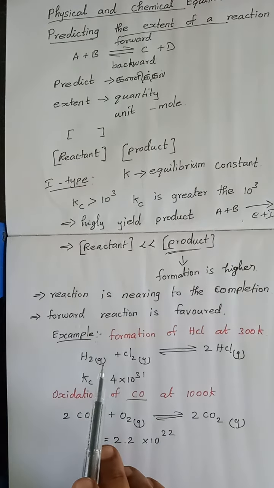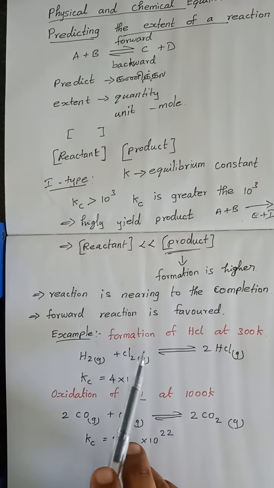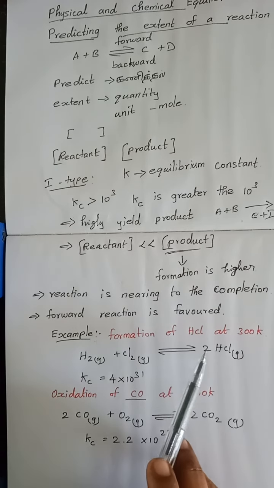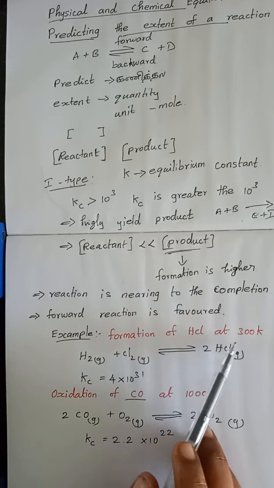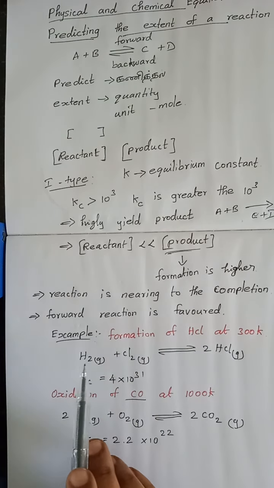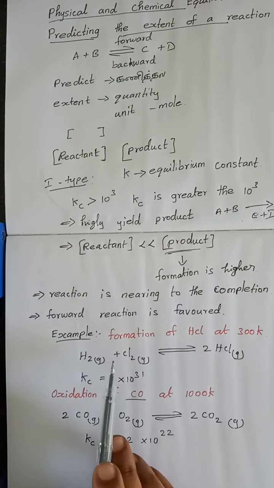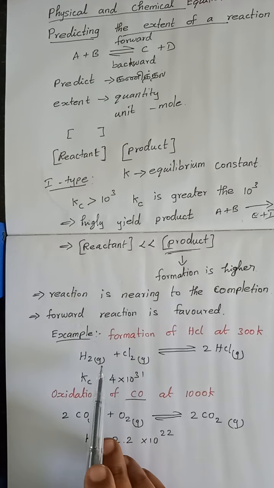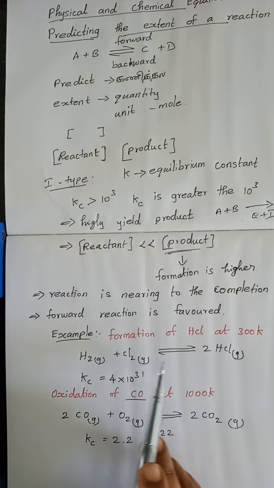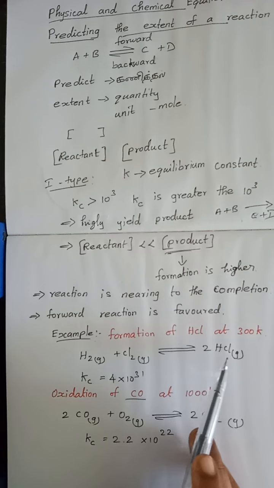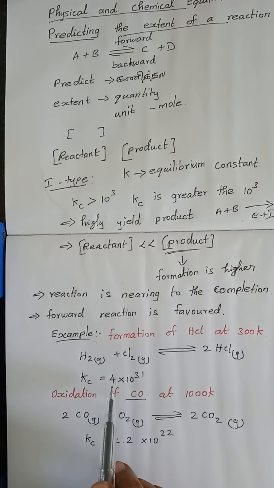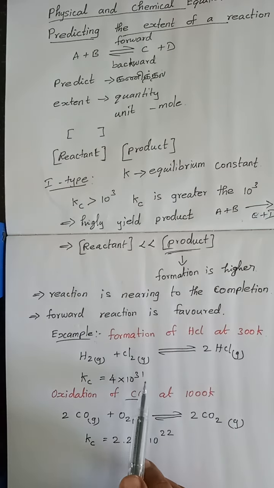Then the examples of this reaction: the first example, the formation of HCl at 300 Kelvin. Hydrogen gas reacts with chlorine gas to form 2 moles of hydrogen chloride. The Kc value is 4 into 10 to the power 31.